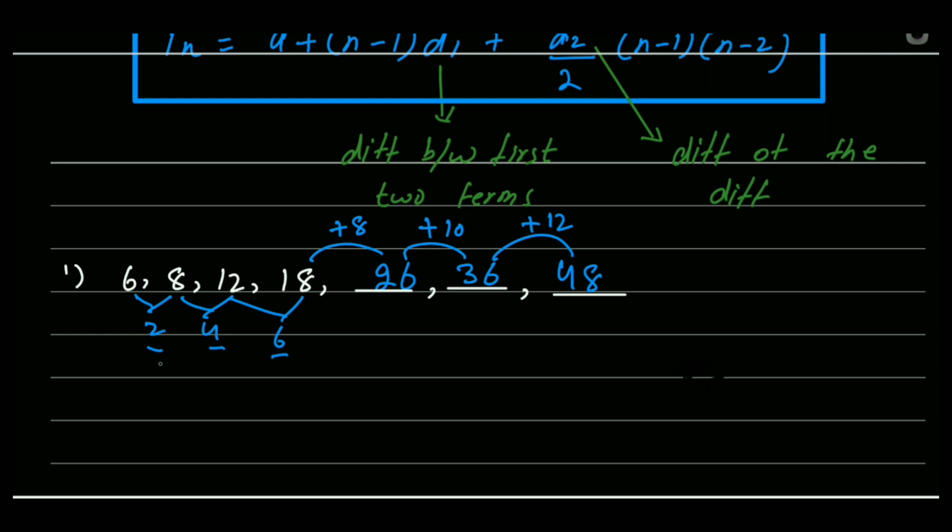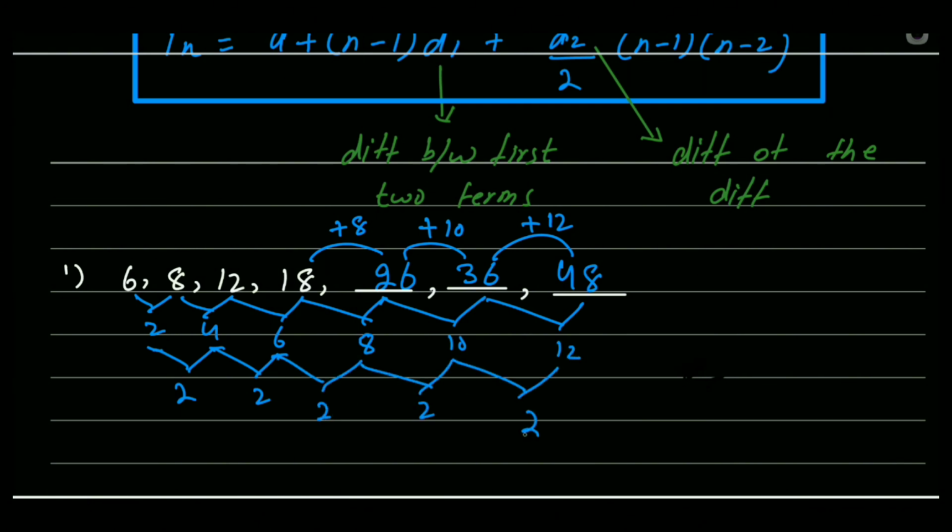So the difference between these terms is 2, and the difference between the next two terms is again 2. So this is called the second difference. You can see the second difference is the same. Now you can apply here the formula of quadratic sequence.